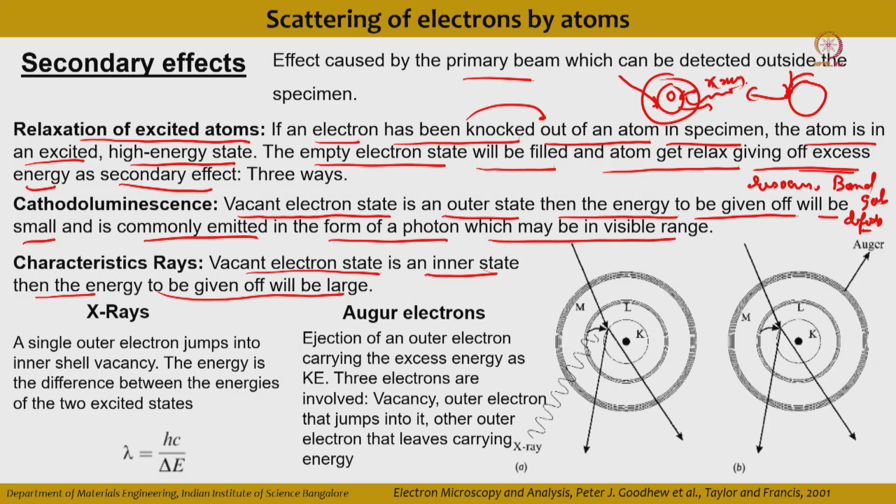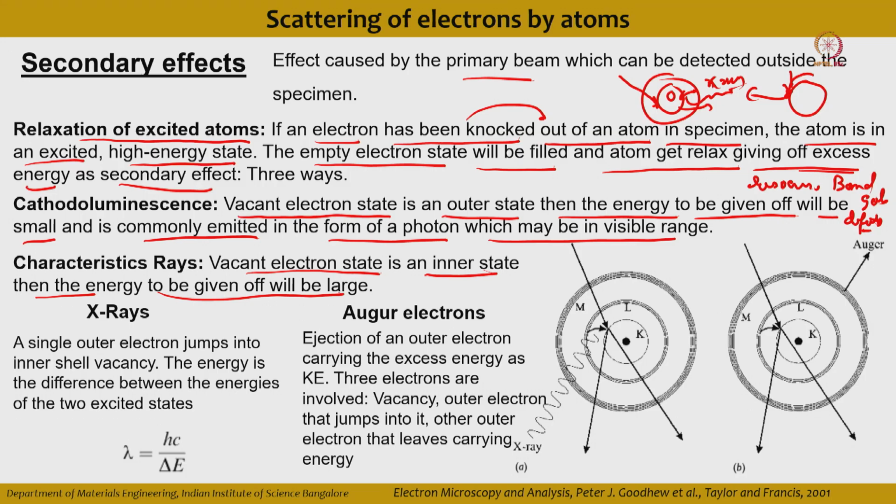These X-rays are characteristic, and depending upon the energy, whether from the M shell to the K shell or the L shell to the K shell, the X-rays have different wavelengths. These are characteristic of every element and are used to quantify for composition analysis.